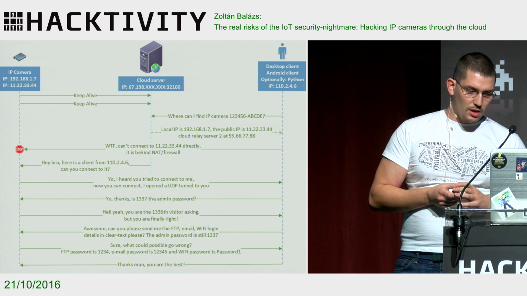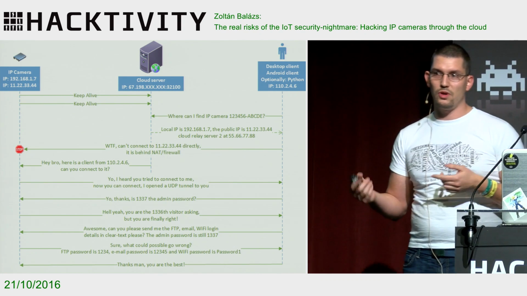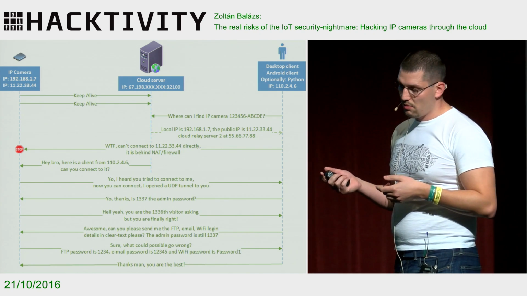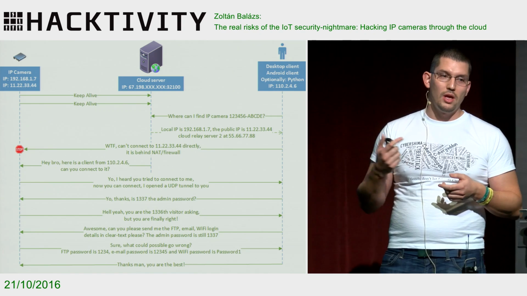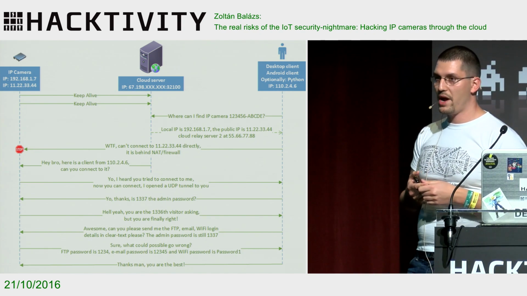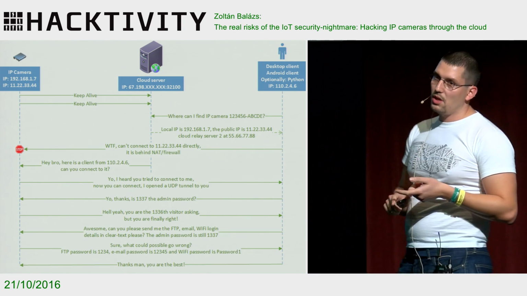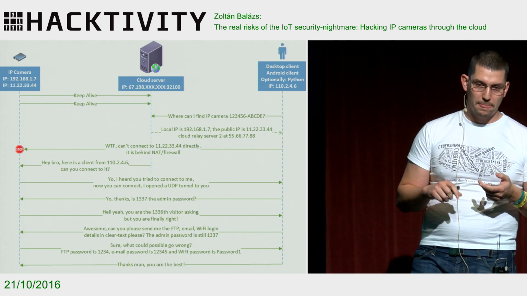And whenever I start my client application to watch the camera picture, the first packet is sent from my mobile phone to this cloud server, and it only includes one thing, my camera ID. It's not an encrypted protocol, there is no authentication in it, nothing. I just send a camera ID to this server.